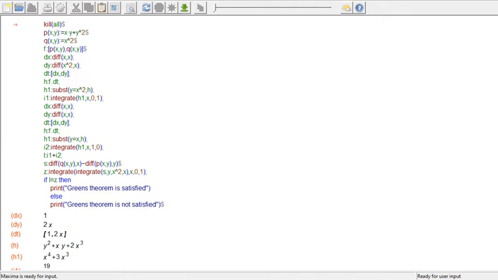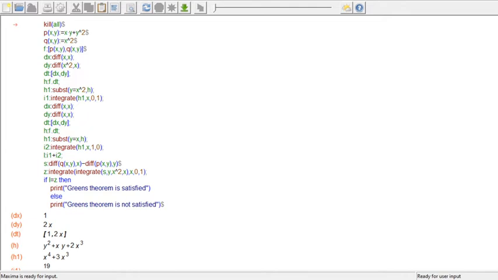Instead of displaying all these results, make judicious use of a dollar, so that your answer can be displayed in a very good looking manner. This is line integral over c1, this is line integral over c2, this is sum of those two, and this is double integral. So these two are equal, therefore Green's theorem is satisfied.